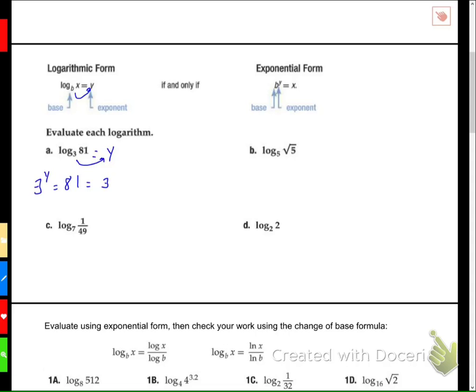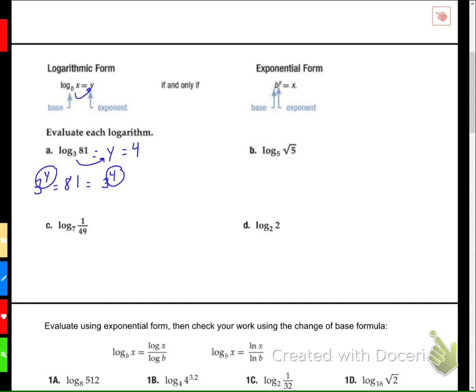You can look in your calculator: 3 squared is 9, 3 to the 3rd power is 27, 3 to the 4th power is 81. That's the guy I wanted. So you've got to kind of guess, and then you say y was equal to 4. That means log base 3 of 81 is equal to 4.